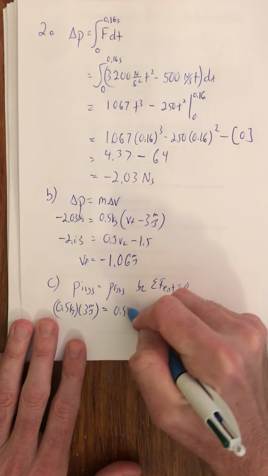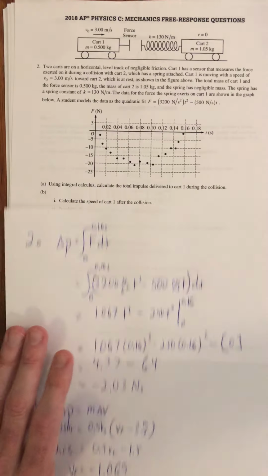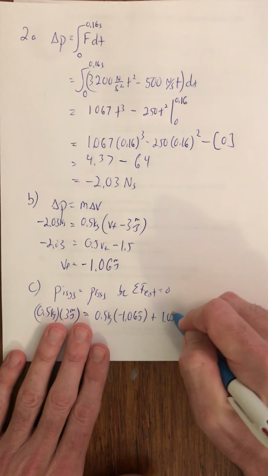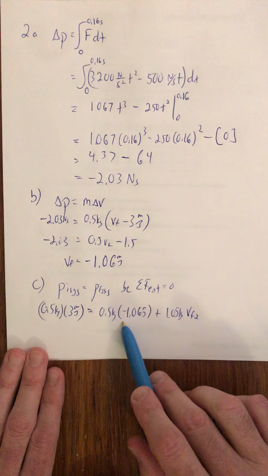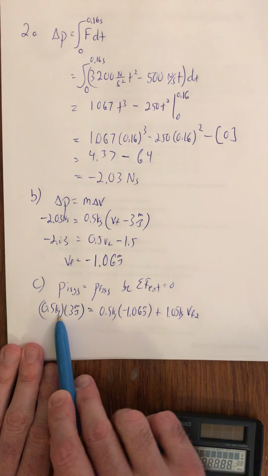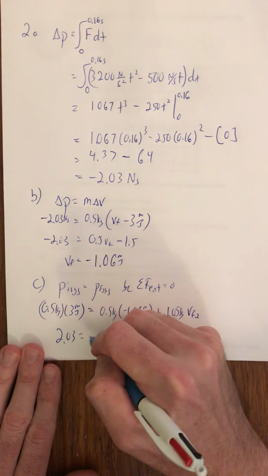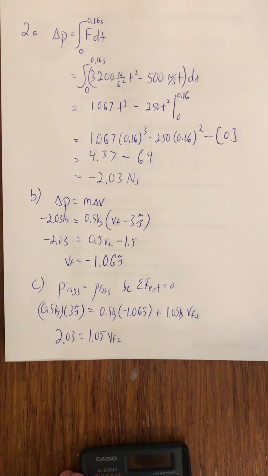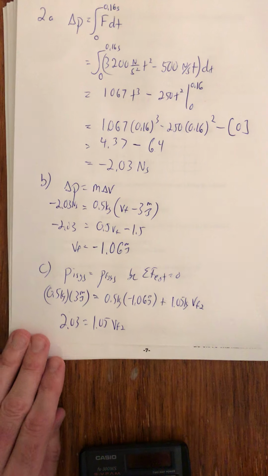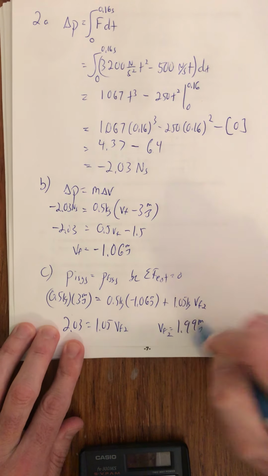I got 0.5 kg times negative 0.106 meters per second plus 1.05 kg times vf2, and so we can just move all this around. When I move that over there, this becomes 2.03 is equal to 1.05 vf2, so 2.03 divided by 1.05. Is it 1.05? Yeah, okay.